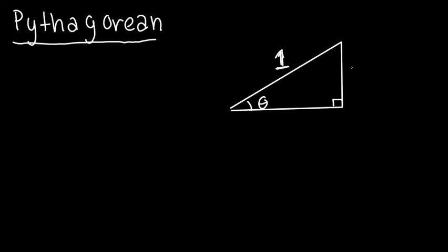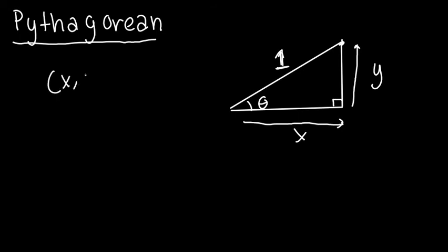So then this means that if this is part of the circle's circumference, this is the y value of that point on the circumference of the circle, and this would be the x. So we're going to keep this in mind for any unit circle circumference point.